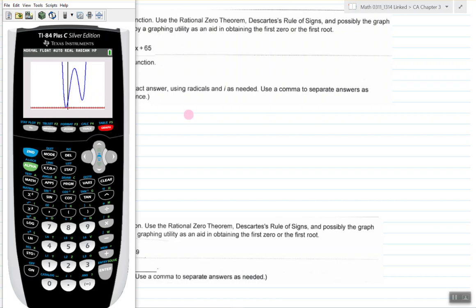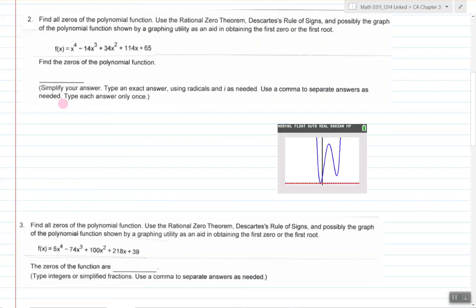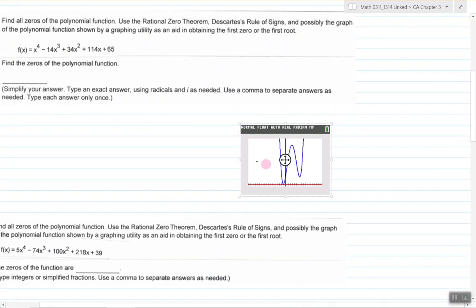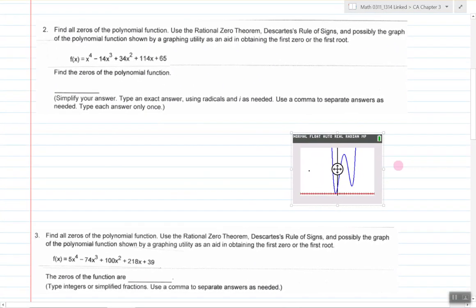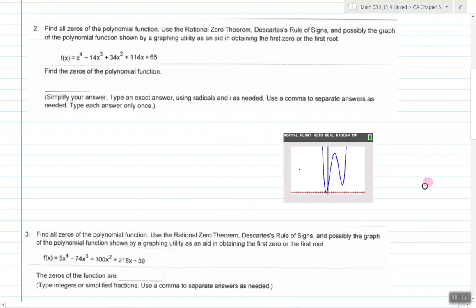I'm going to grab this and put it over here. I have zeros right here, and I believe it to be multiplicity 2. In other words, I believe that in this picture I have x equals -1, and I believe it is multiplicity of 2.